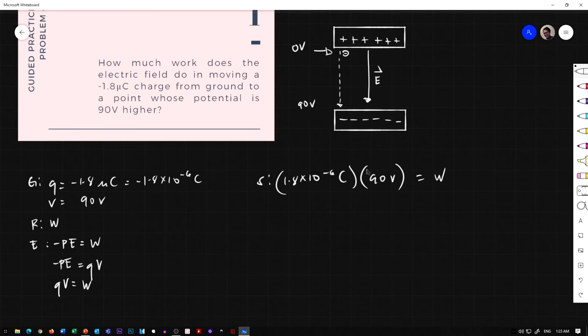I'll just show you the unit of voltage when it is derived. Starting from potential energy, this is joules, which is equal to QED. Then E has a unit of newtons per coulomb, and D has a unit of meters.